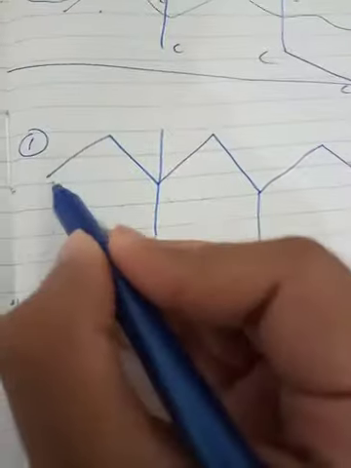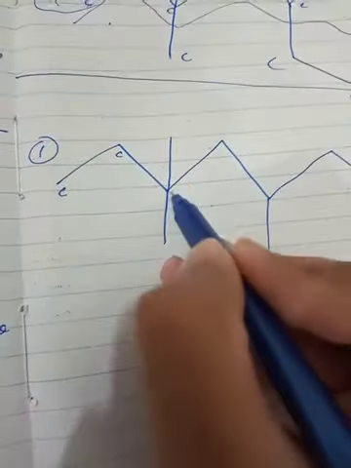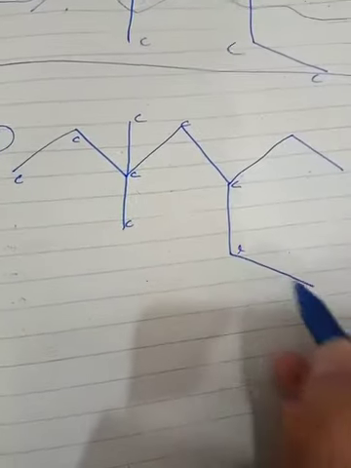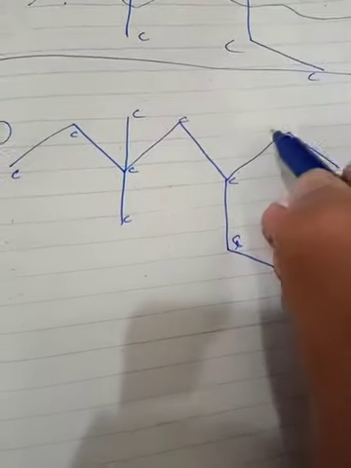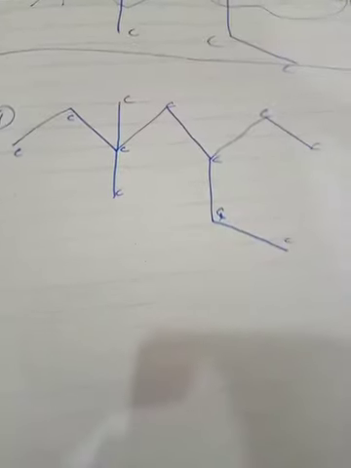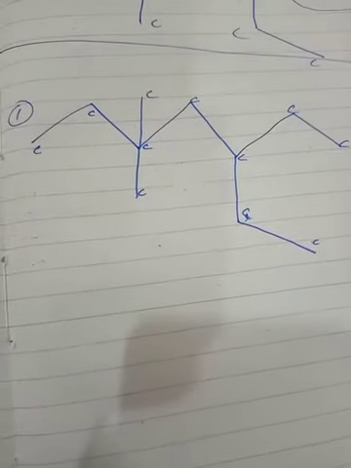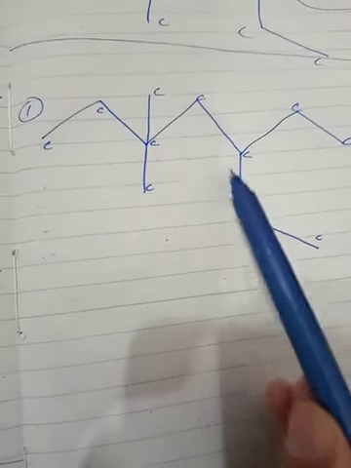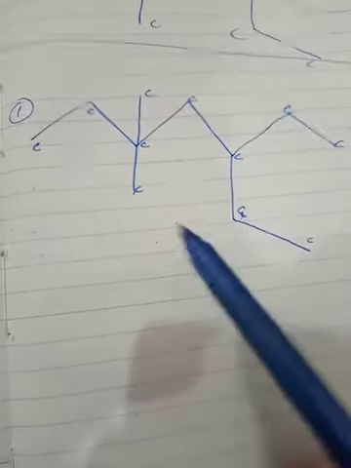Now for a proper understanding, you must write carbon on each point. And rule number 1 says select the longest carbon chain. Now you have to see which chain contains more carbons.